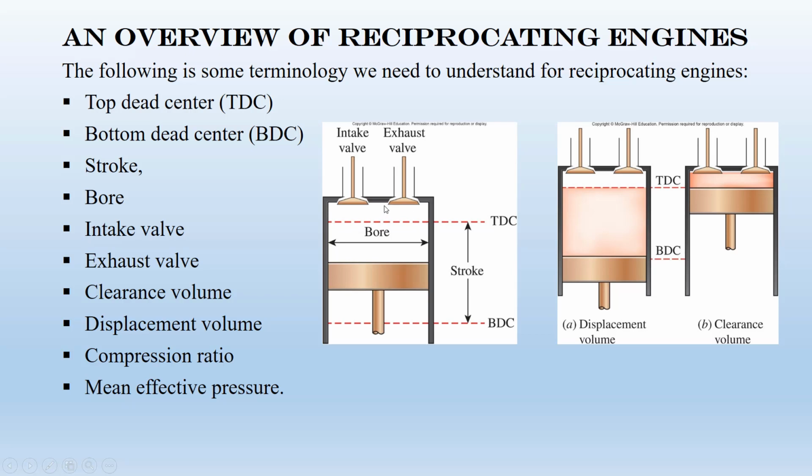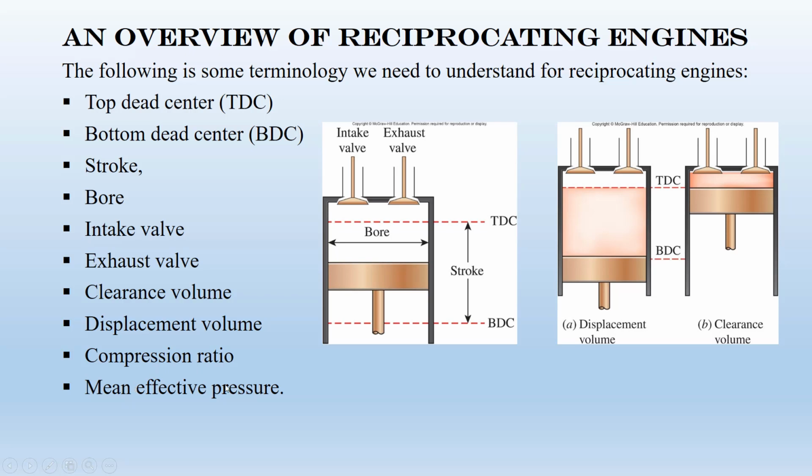This volume is called clearance volume. The displacement volume is the volume between the TDC and BDC. This volume is called the displacement volume. Here you can see the displacement volume. Compression ratio. Compression ratio is the Vmax over Vmin. We will discuss in the next slide. And also the mean effective pressure.